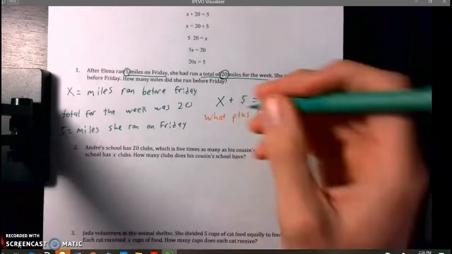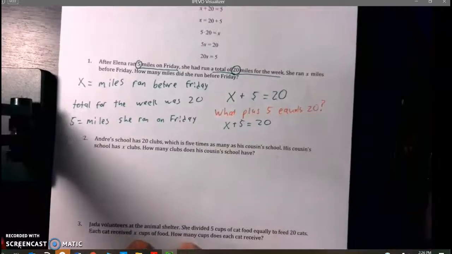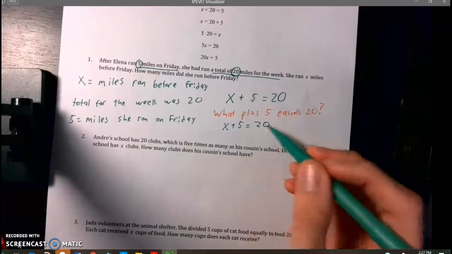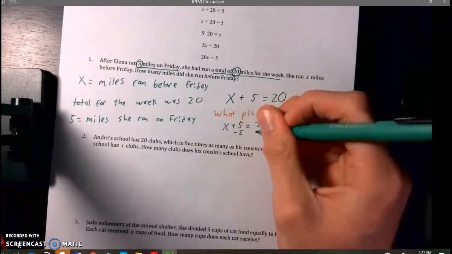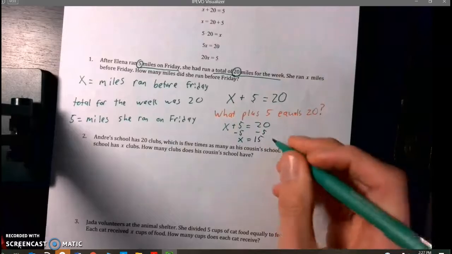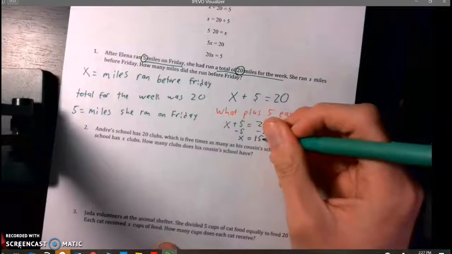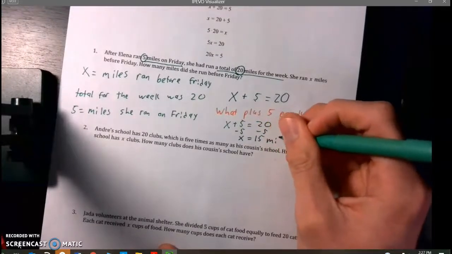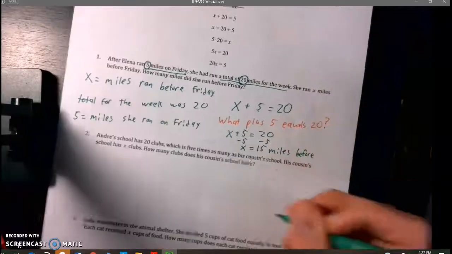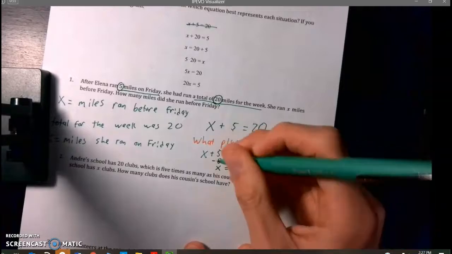If we wanted to solve this algebraically, we always solve using inverse operations, meaning that we do the opposite operation to solve. So if I know something plus 5 is 20, if I subtract 5 from both sides, that will give us our answer. So remember, that's how we always solve for a variable, is by doing inverse operations. So x equals 15, so 15 miles before Friday would be our answer here.